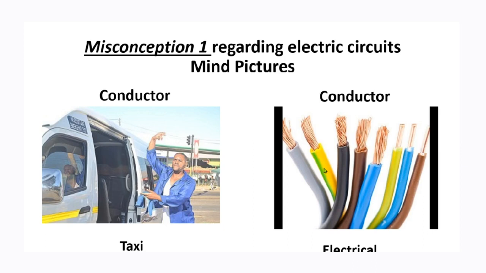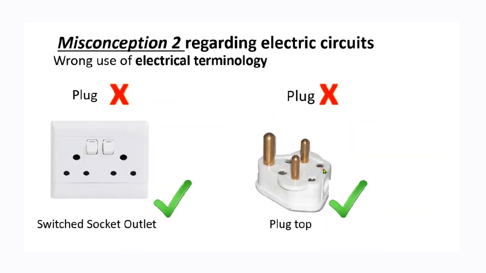And the picture on your right also shows you a conductor, but this is the conductor that we are referring to whenever we draw circuit diagrams. Don't mistake it for the person who collects money in the taxi.